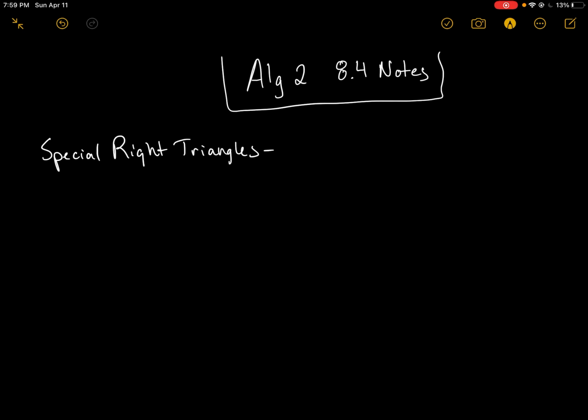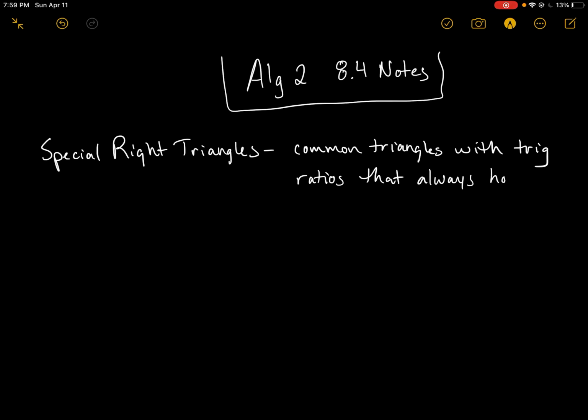So what makes these triangles so special? Well, these are common triangles with trig ratios that always hold constant.